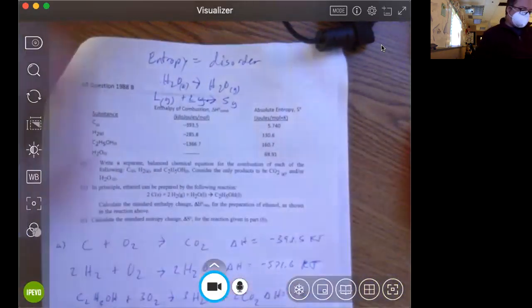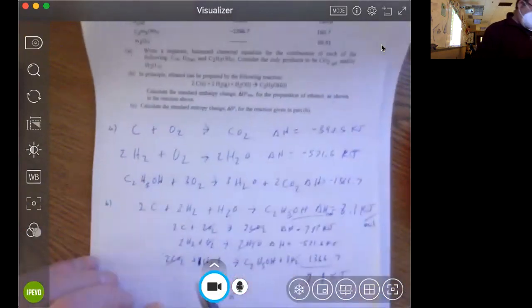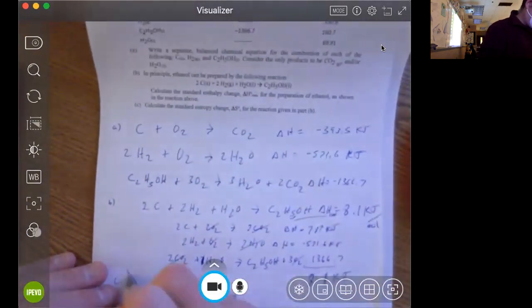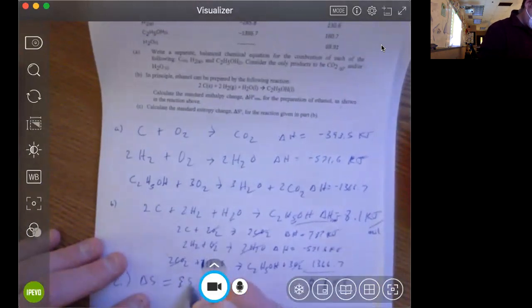The cool thing about finding the standard entropy of change is that it's the same thing as before. Delta S equals the summation of S of the products minus the summation of the S of the reactants.